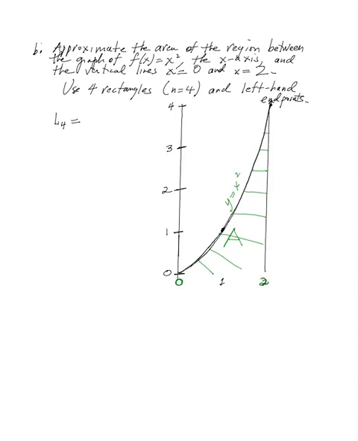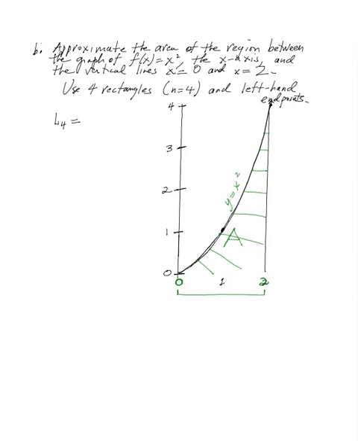So same problem as A, approximate this area, but now we're supposed to be using 4 rectangles as we did before, but left-hand endpoints. So the first step is the same. I want to partition this interval from 0 to 2 into 4 equal parts.